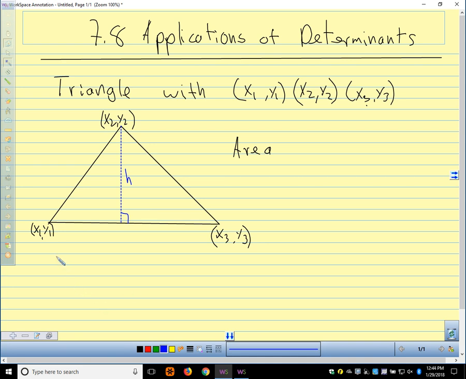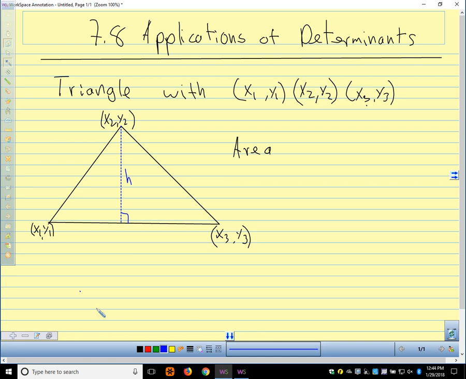But to find the height, we would have to find an equation of the line between those 2 points. We'd have to find the equation of the line that's perpendicular to the base and goes through x2, y2. Yes? Can you just subtract y2 and y1?